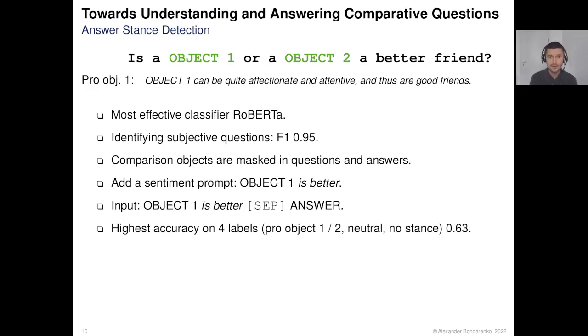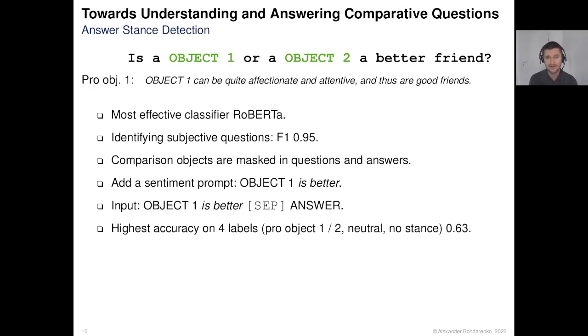So the most effective classification approach was as follows. We masked comparison objects as object 1 or object 2 in questions and in answers, to prompt the classifier to actually better learn the context around the objects, but not the objects themselves.